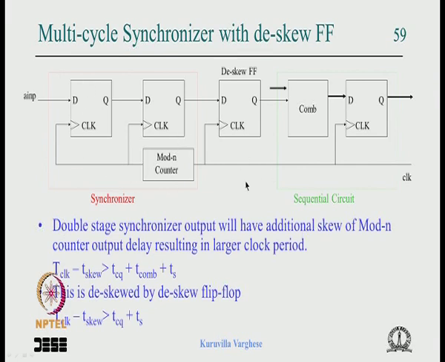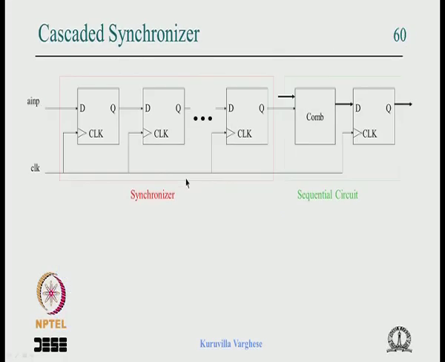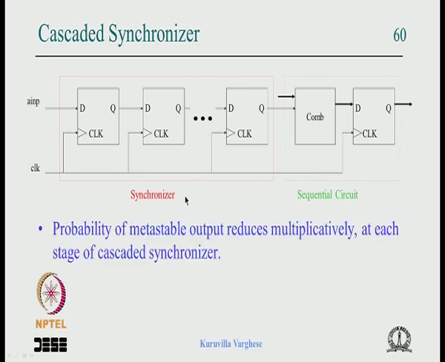So essentially the two are similar, there is no difference. It is a matter of choice. Only thing is that maybe this introduces a skew, but in the cascaded there is no skew. So many times when you see some solutions, theoretically they sometimes all mean the same, though the structure is different. So one should look at it and try to make sense out of it.